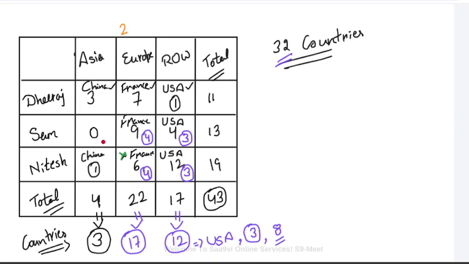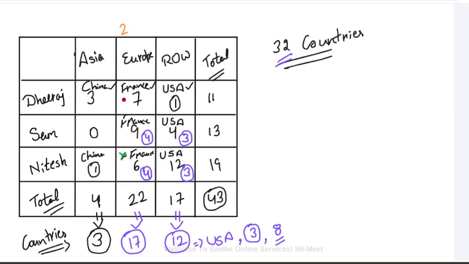For Samantha and Dheeraj, out of nine Samantha has visited, four have been shared by Nitesh. One has been shared by France. That is the only country they said to us. So the rest are going to be five. Sorry, four, because nine out of nine, four are out.